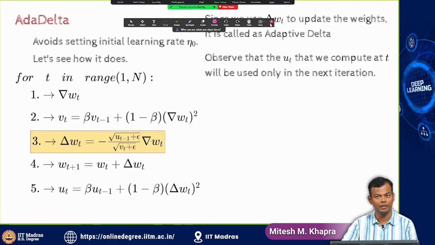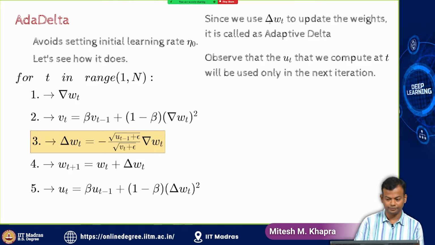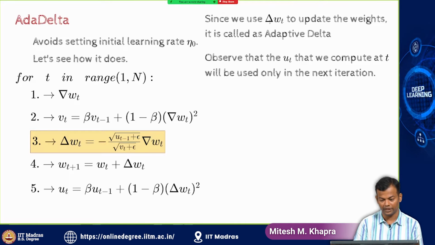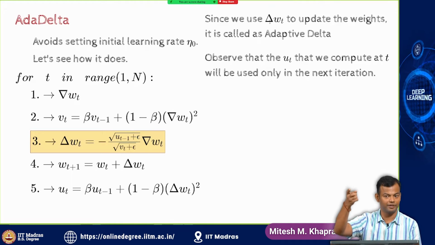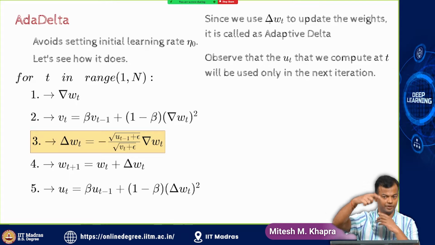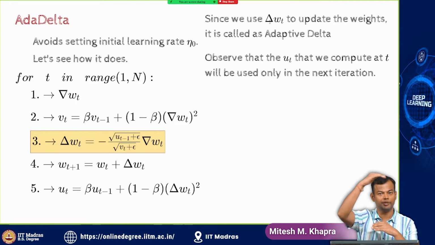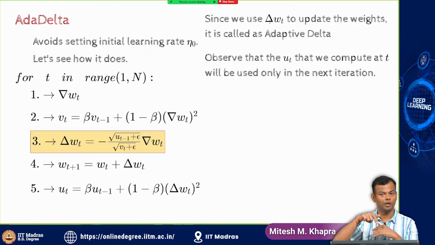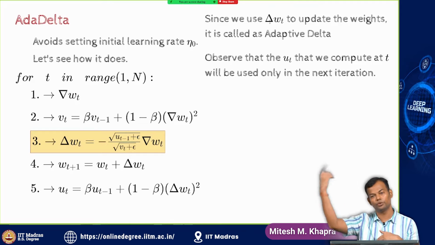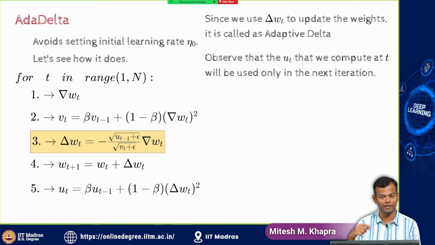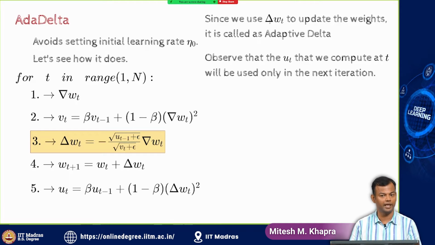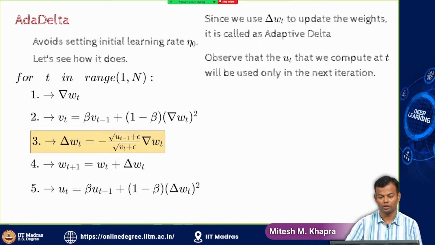So how does this help is the question, okay. Yeah, so ut will only be used in the next iteration. That's what I meant by one history running ahead of the other history. Vt is already used in the current iteration, but the ut that I have computed now will be used in the next iteration as ut minus 1, right? So the numerator is one step behind the denominator, okay.